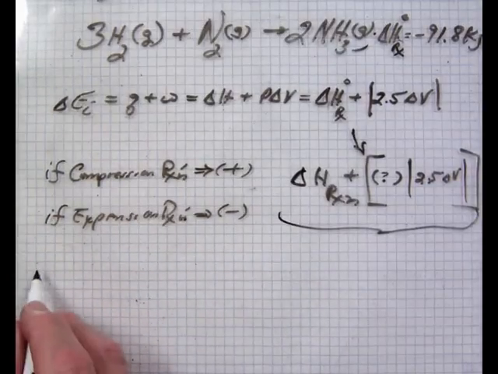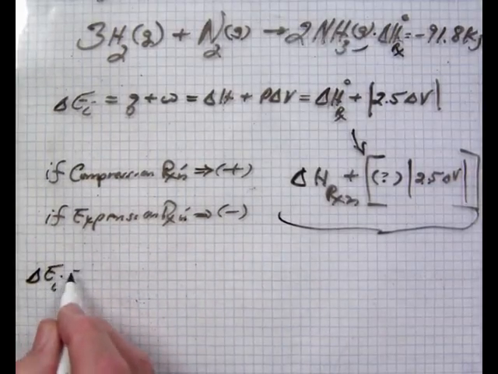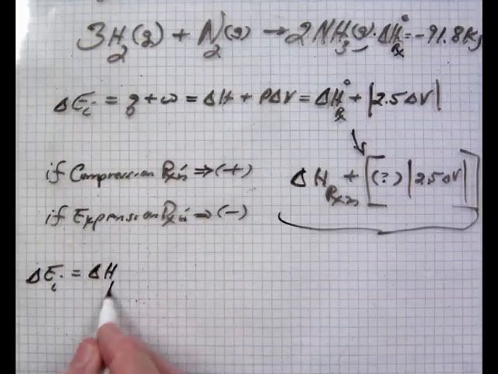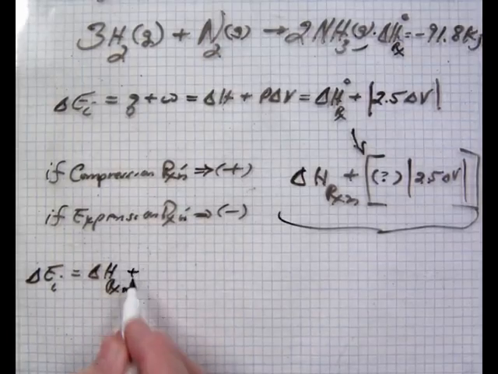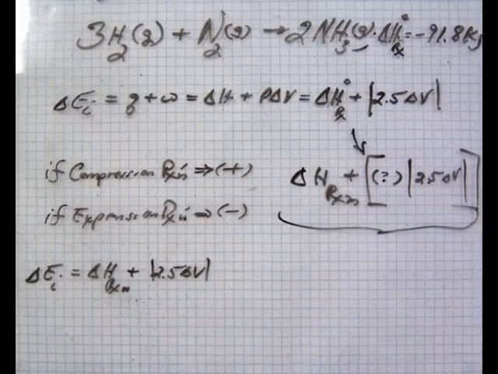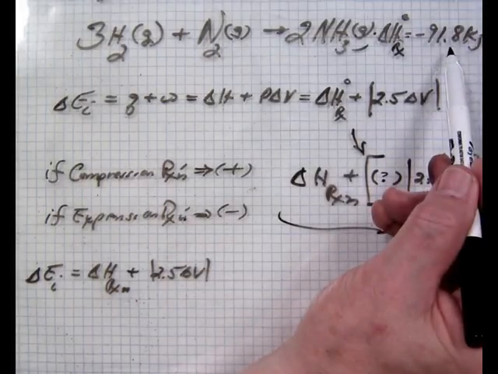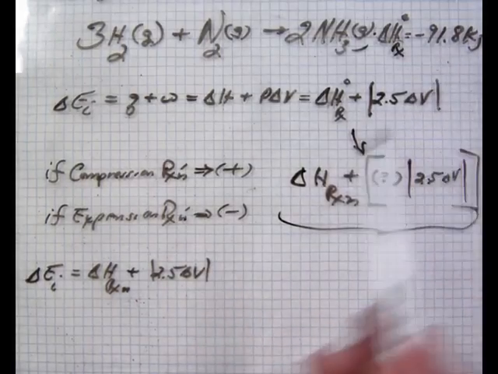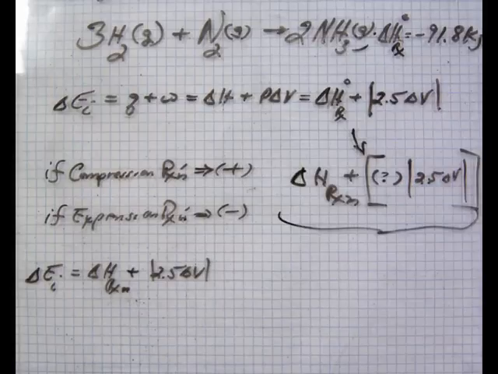So we want delta E internal, which is delta H of reaction plus 2.5 delta V, and I just always drop the sign and remember I'm going to have to put a sign in anyway. Well, the delta H is already here in this case. And remember what I said, they're separate calculations.